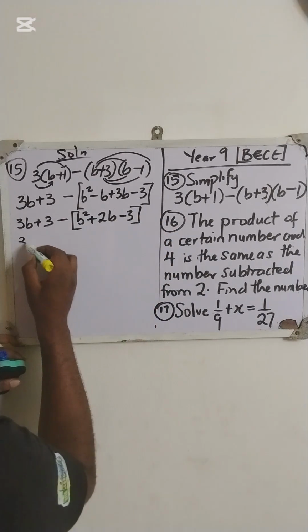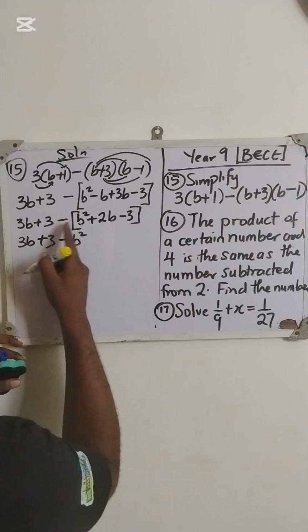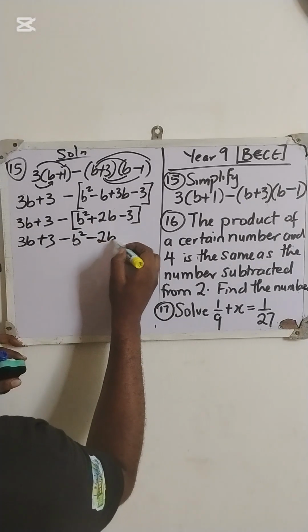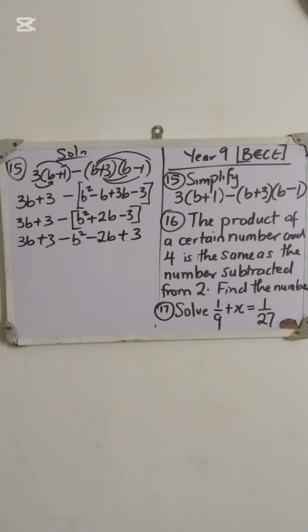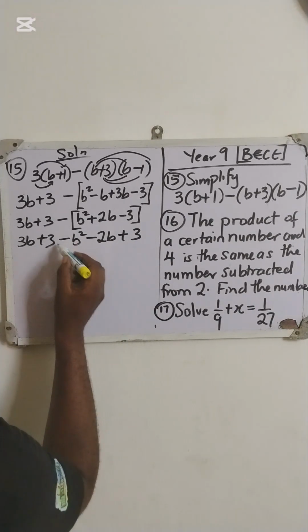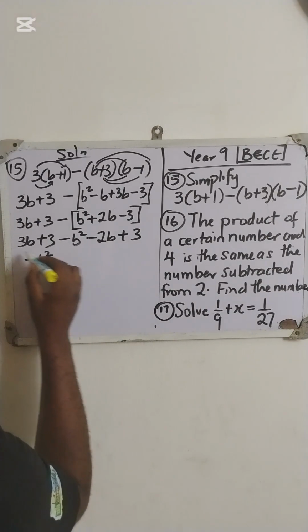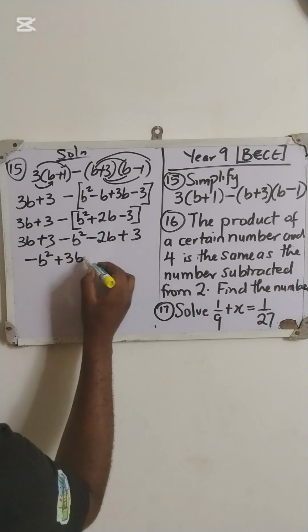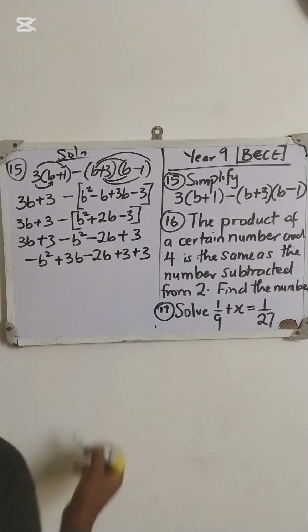Okay, now let's do the negative action. So this becomes negative. Minus times minus now becomes plus. Okay, so yeah, we have it. So when we bring this together now, let's take the highest power to the edge. So this followed by plus 3b minus 2b plus 3 plus 3.